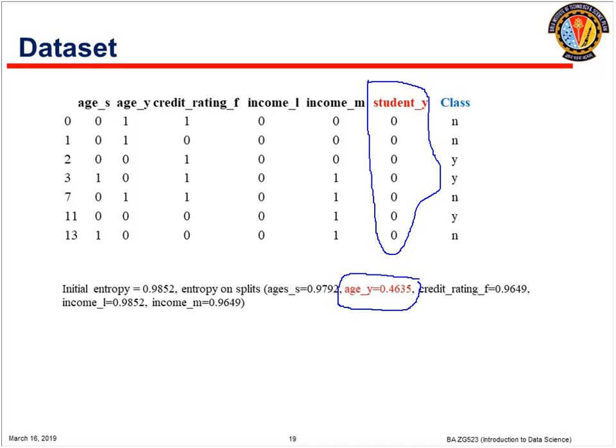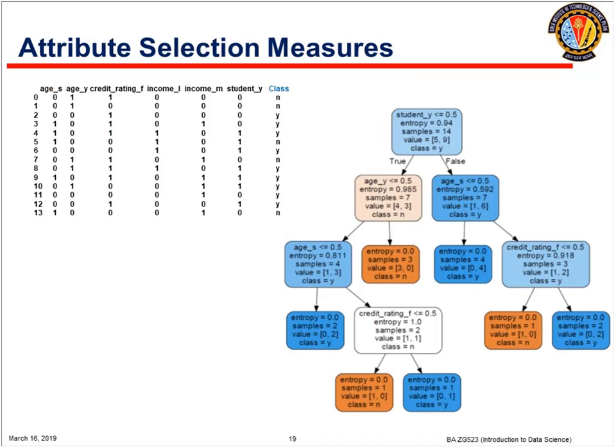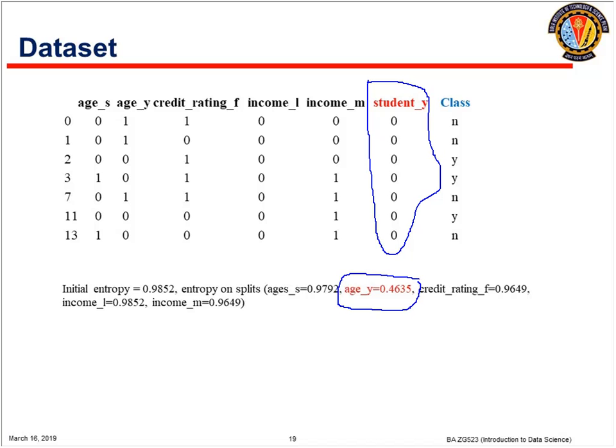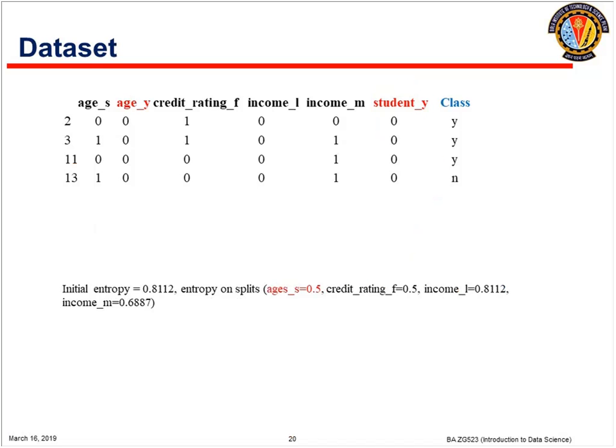So next should be age_y, and it is age_y in the diagram also. In the next diagram you'll see that I made the split on age_y, and I'm only looking at the 0 part, when age_y is 0.